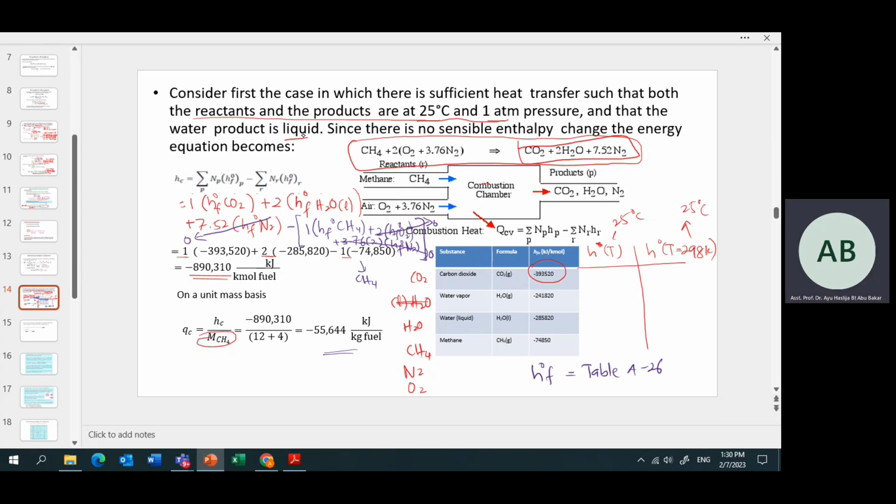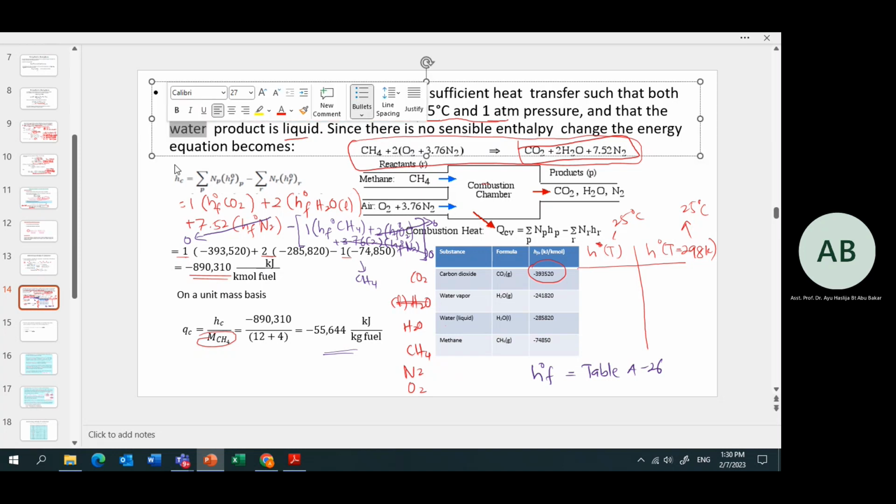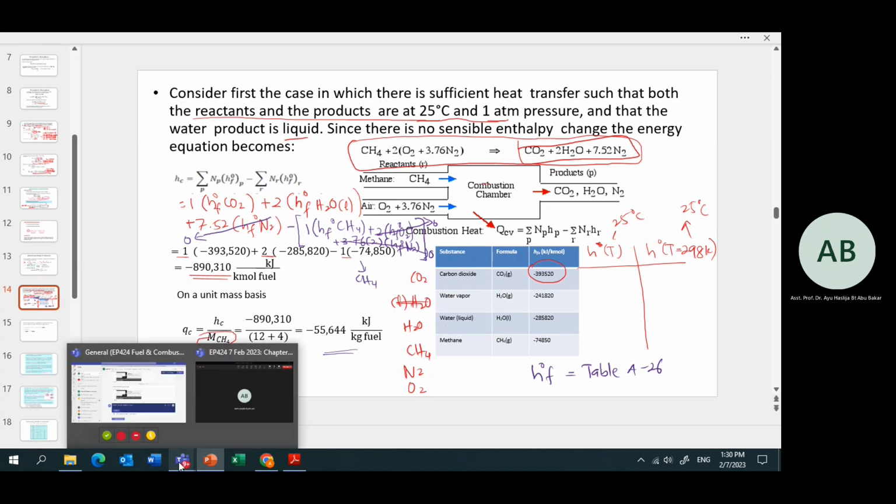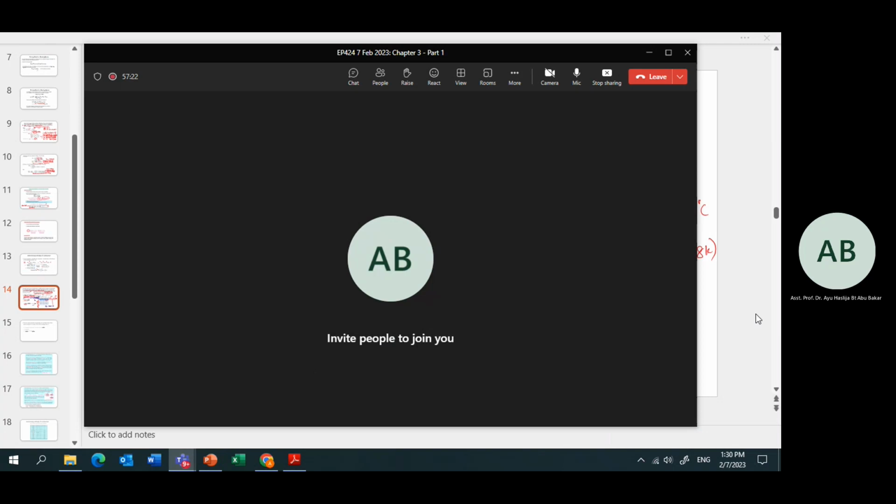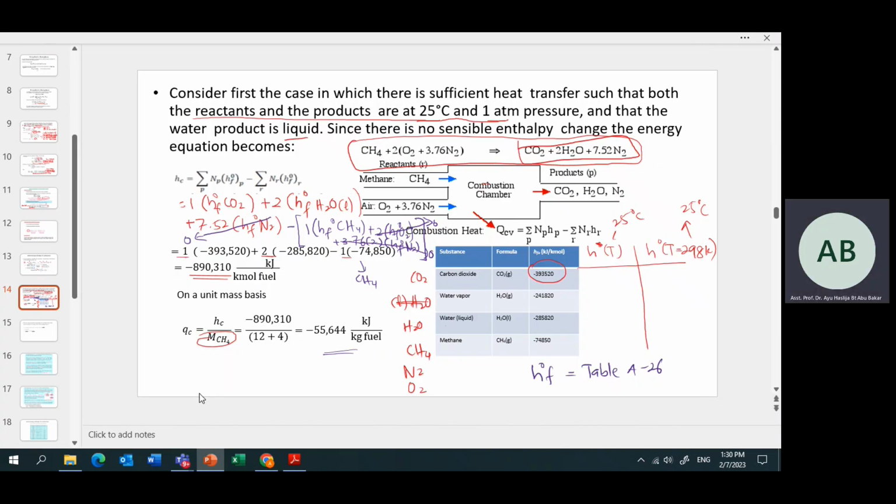You can pick either one, vapor or liquid.